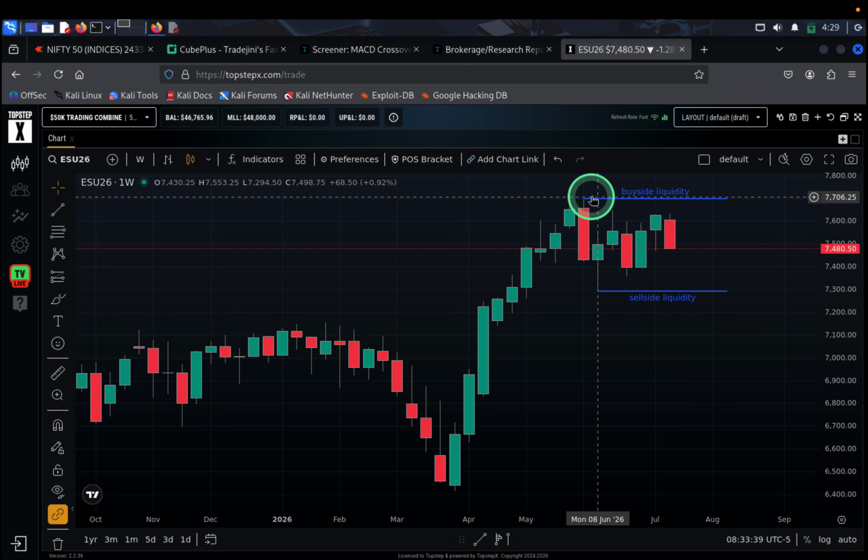So ICT conceptualized that these stop loss places are the ones targeted by institutional traders. He hypothesized and he proved his point very correctly.